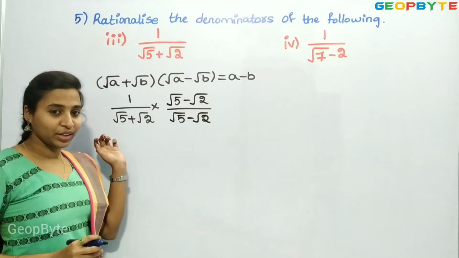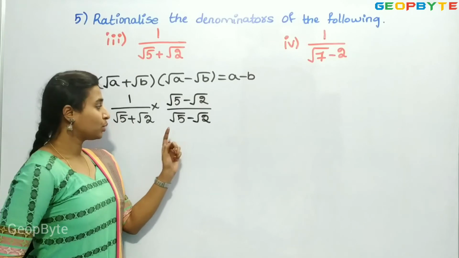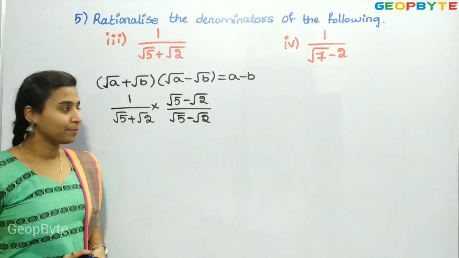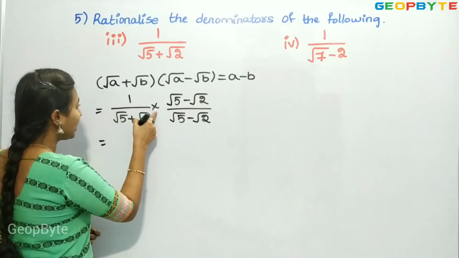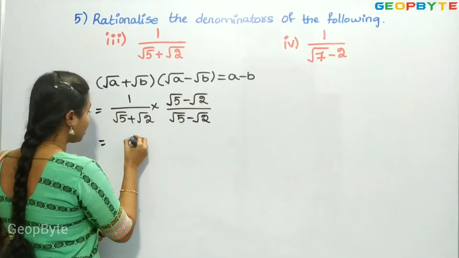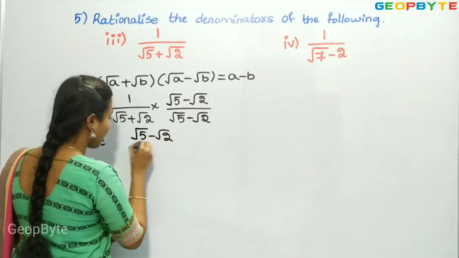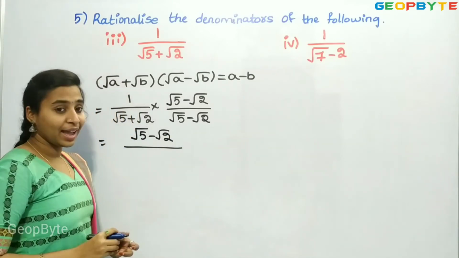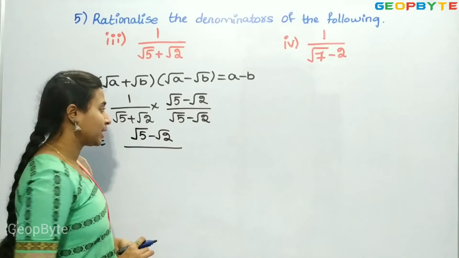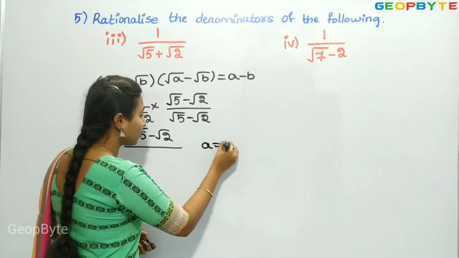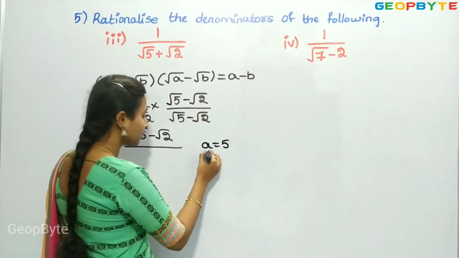Now, I got the format of this identity root A plus root B into root A minus root B. Now, let us multiply the numerators. 1 into root 5 minus root 2 is nothing but root 5 minus root 2 by, as this is in the form of this identity, we have A minus B. We have A as 5 and B as 2.